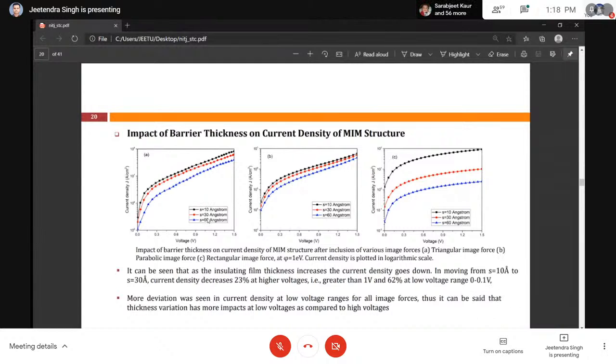So if we increase the thickness of the insulating layer, from 10 to 30 angstrom and 30 to 60 angstrom, you can see that the current will reduce.